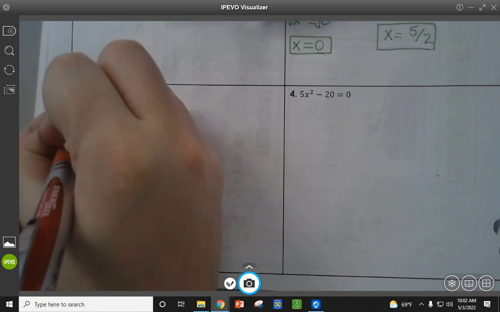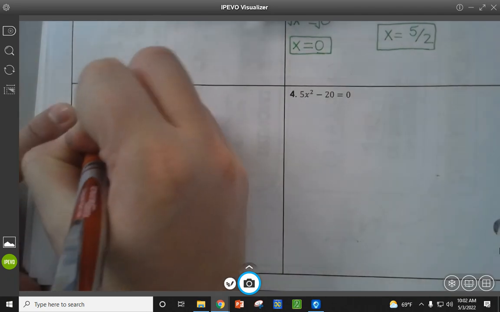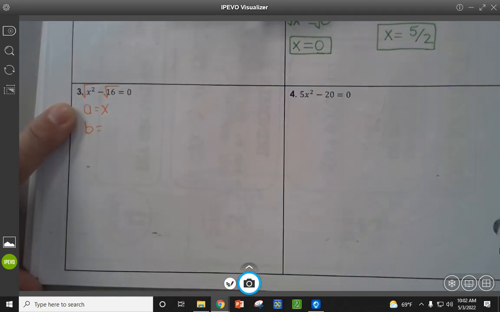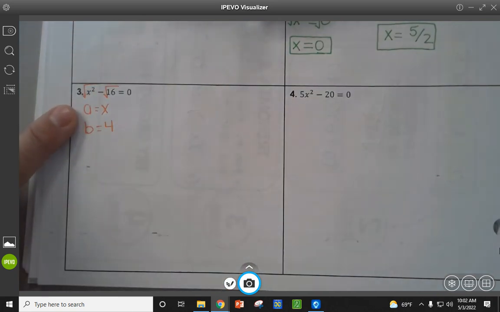So we're going to take the square root of both sides. What is the square root of x squared? X. What is the square root of 16? 4. So my A is x, and my B is 4.